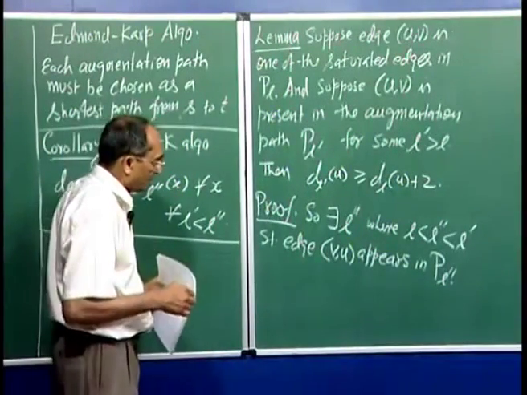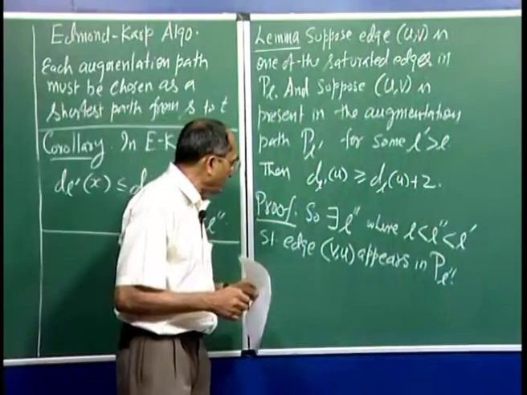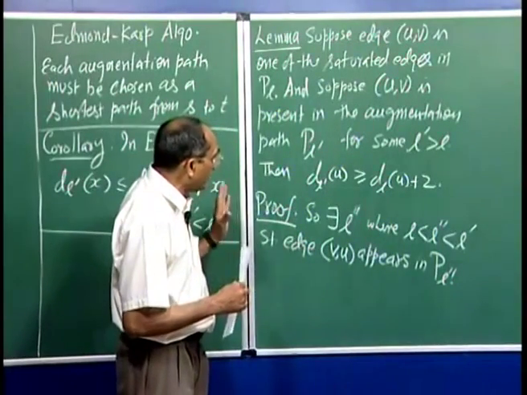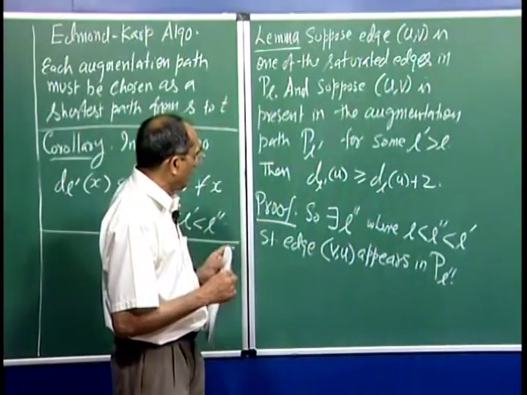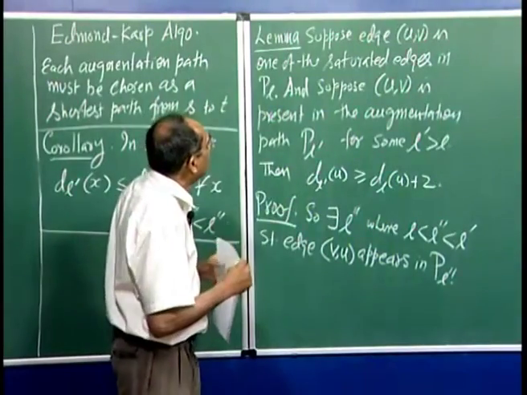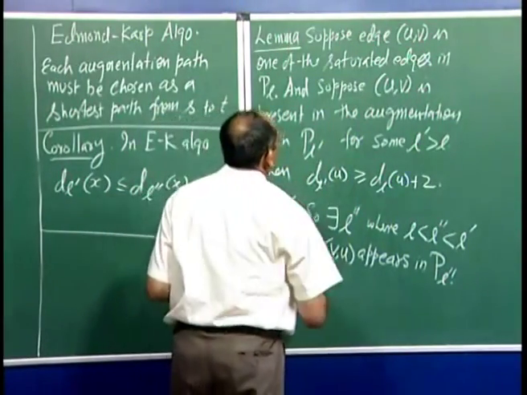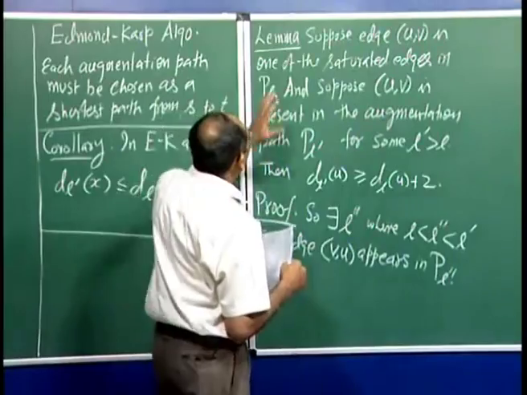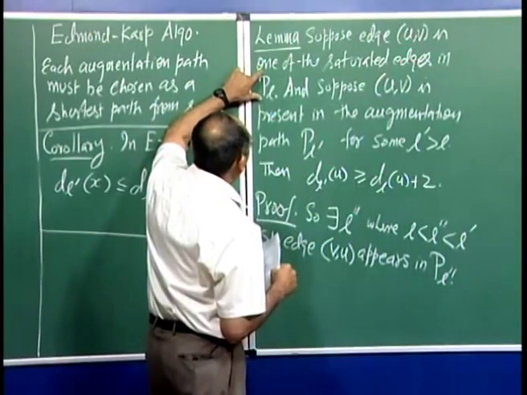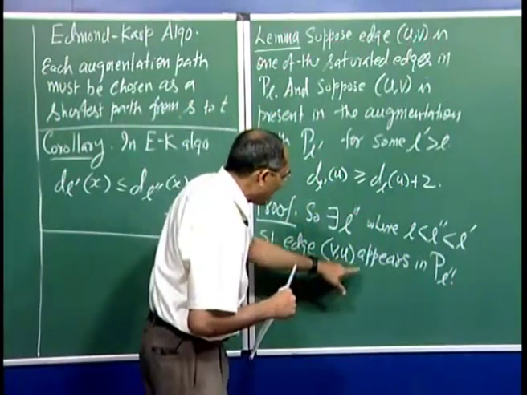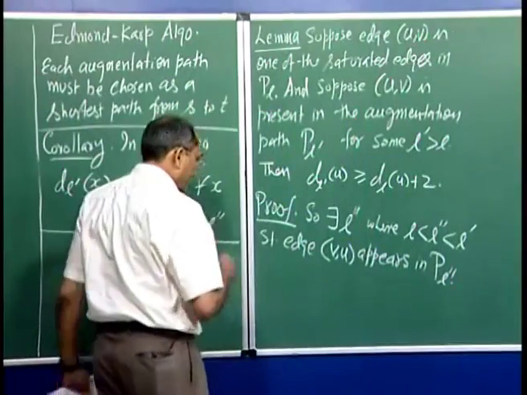Okay. So now let us see what are the facts we know. We know that UV was present in PL and VU was present in PL''.